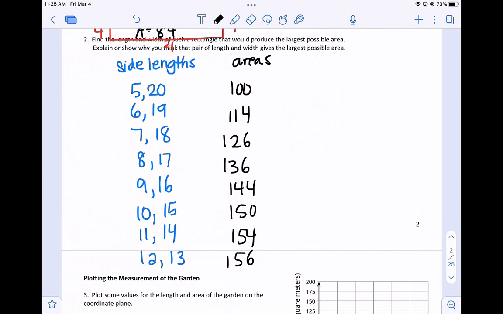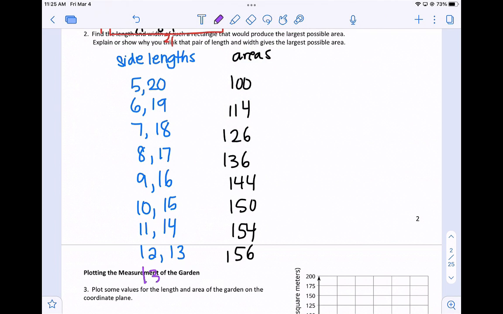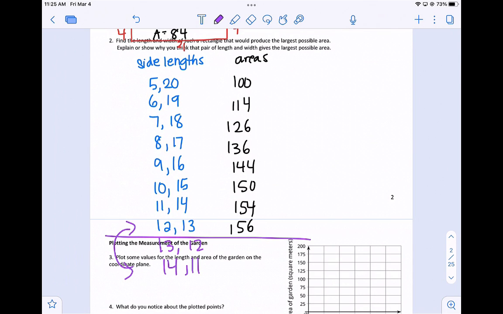So we could keep going, and what I mean by that is it would be 13, 12, 14, 11, and then you can see it's kind of a mirror image of the side here. So here's our largest area, which is 12 by 13 or 13 by 12, and it says explain or show why you think that the pair of length and width gives the largest possible area. Well, I made a table and we showed it that way, but there's definitely other explanations for that.